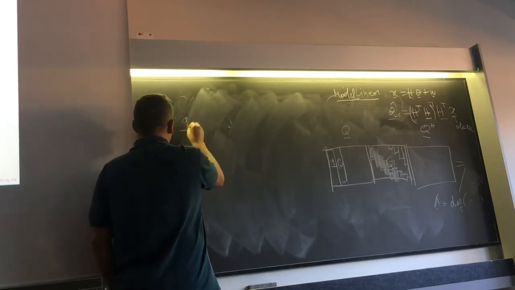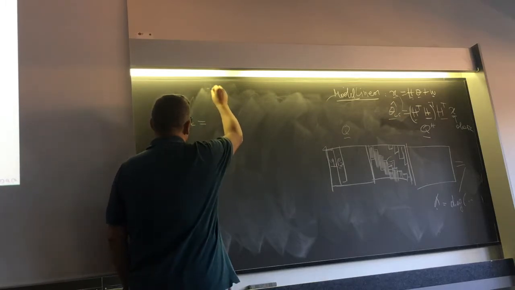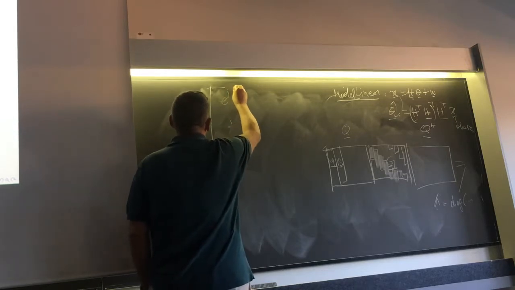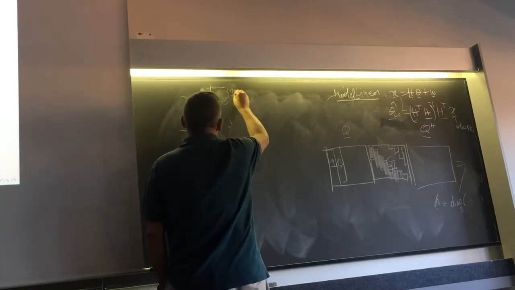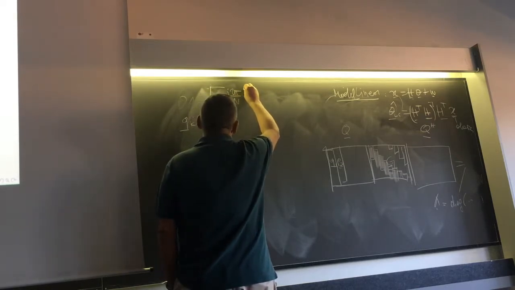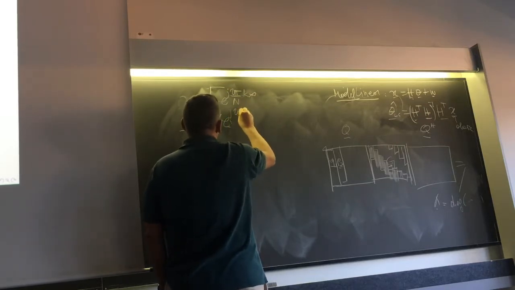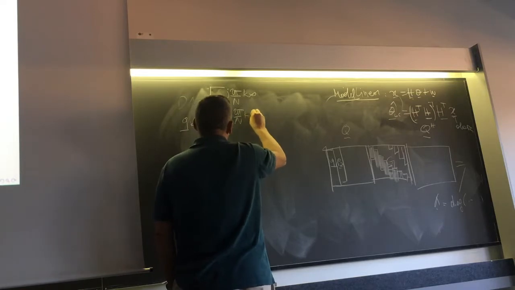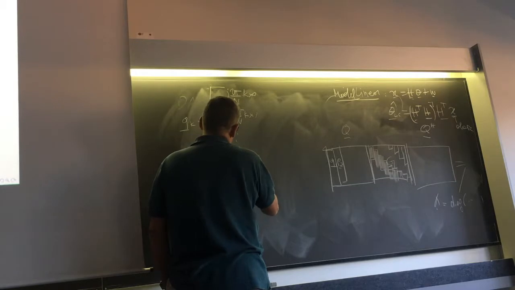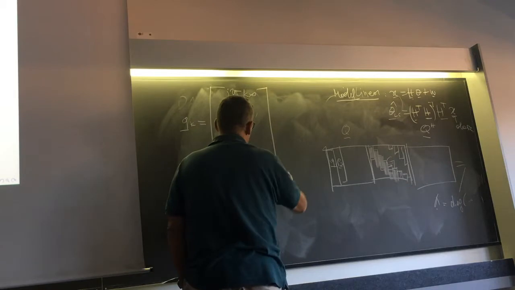So Qk is composed of sinusoids: e to the j 2 pi divided by n multiplied by k multiplied by 0, e to the j 2 pi divided by n multiplied by k multiplied by 1, up to e to the j 2 pi divided by n multiplied by k multiplied by n minus 1.